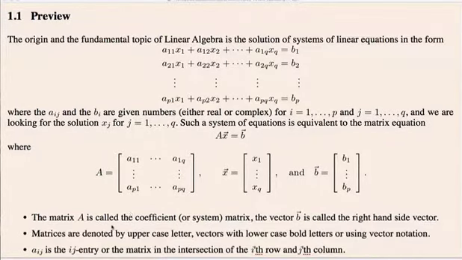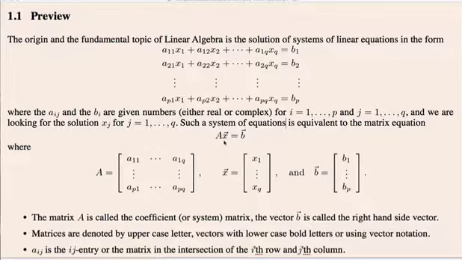The matrix A is called a coefficient matrix, or sometimes a system matrix, and the vector b is called the right-hand side vector, since it's usually written on the right-hand side of the equation. Matrices are denoted by uppercase letters, usually vectors with lowercase bold letters mostly in the book, or using vector notation.